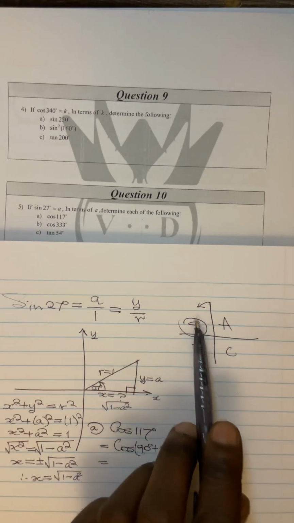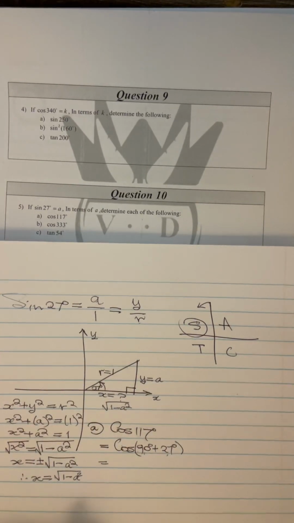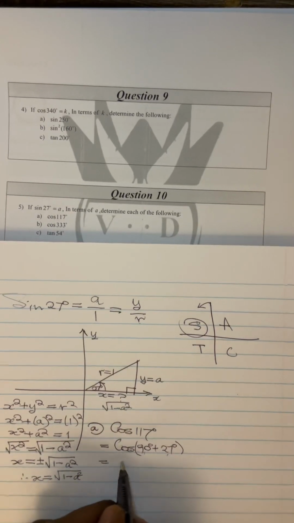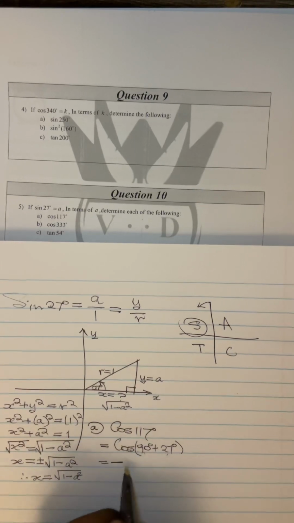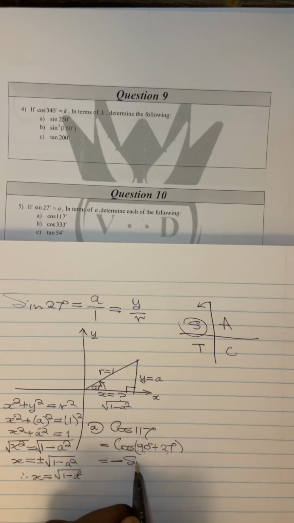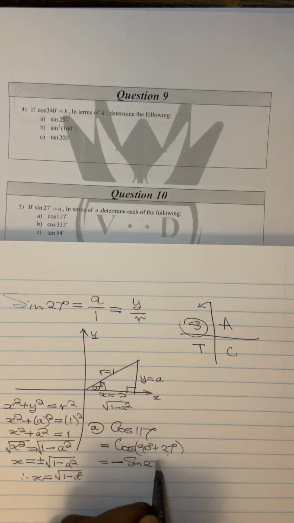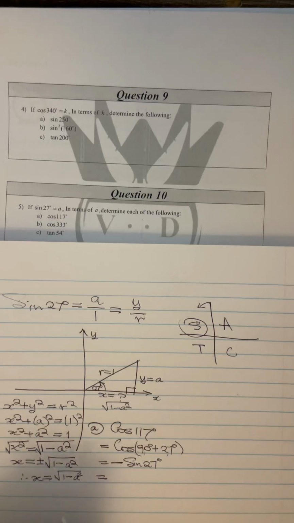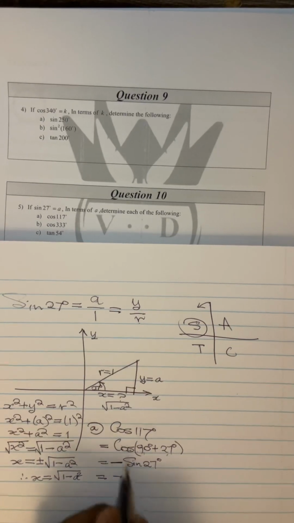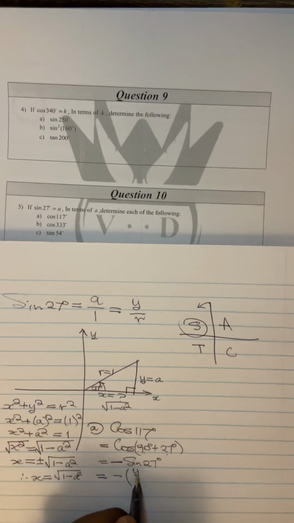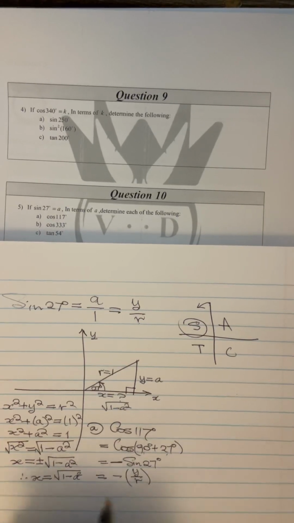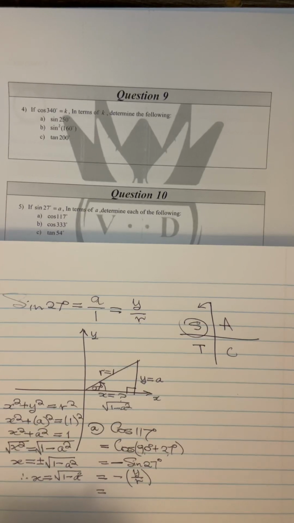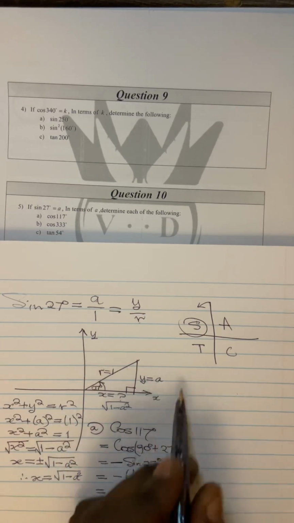So we have only sine being positive in the second quadrant. Therefore, cos is negative on the second quadrant. It means we are going to have negative sine of 27 degrees, which equals minus sine is basically opposite over hypotenuse, and this is basically going to be equal to our y is equal to a.